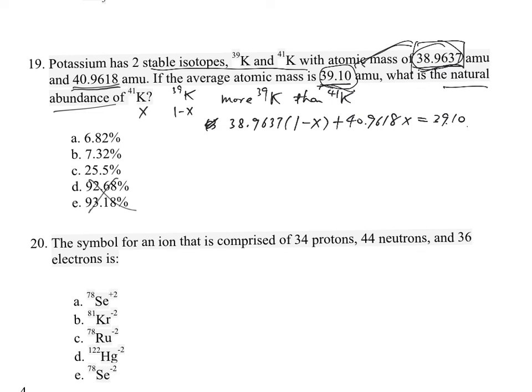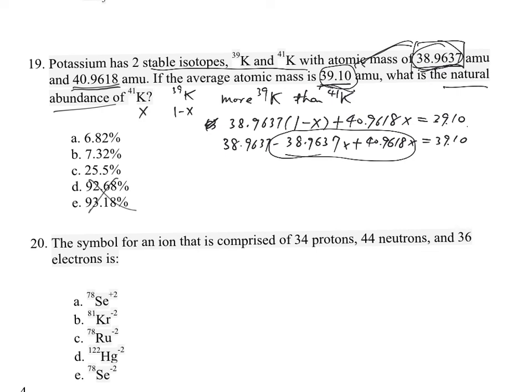Okay, so expand your equation. 38.9637 minus 38.9637X plus 40.9618X equals 39.10. So on this side, group these two together. So 40.9618 minus 38.9637.